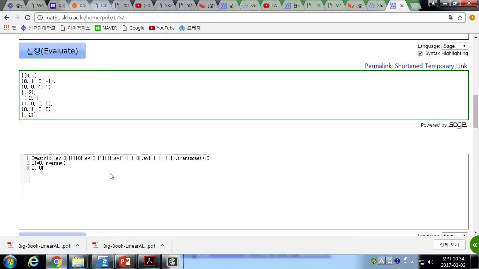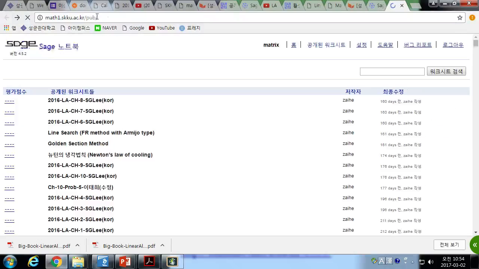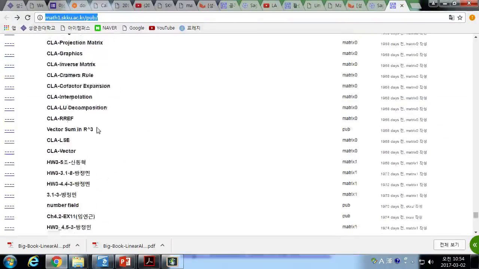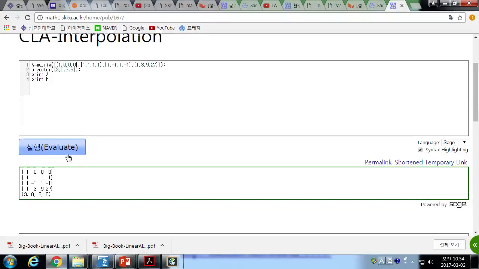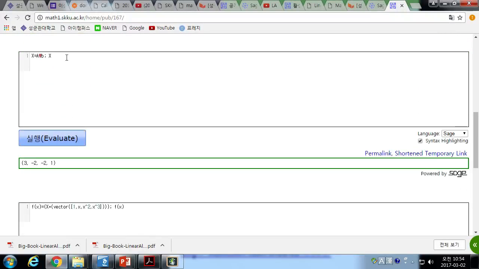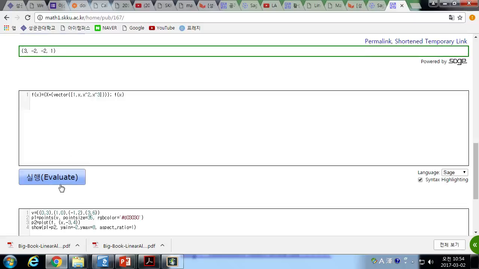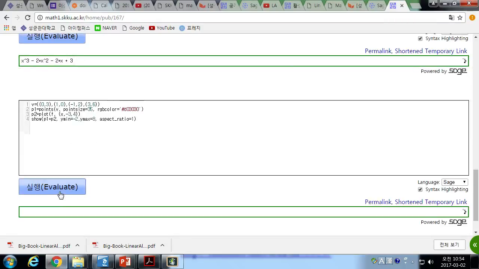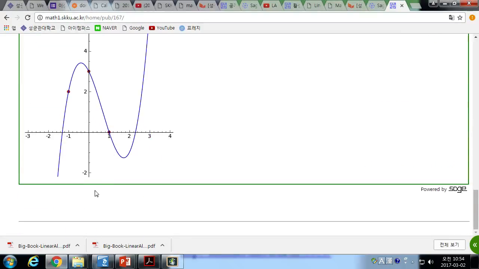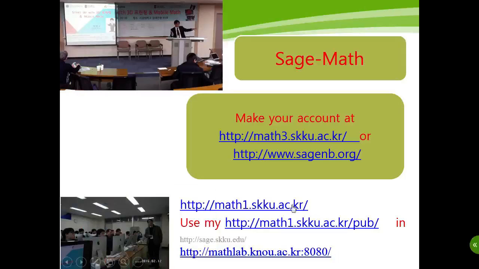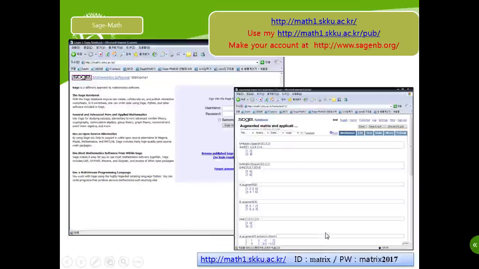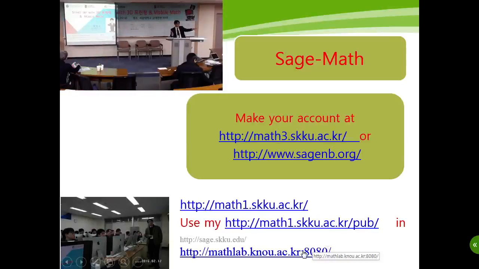Anyway, this website will be a pretty good resource for you to save time typing and memorizing the code that you may need to use.